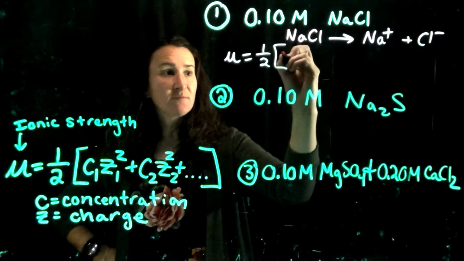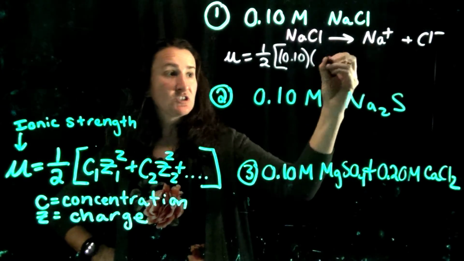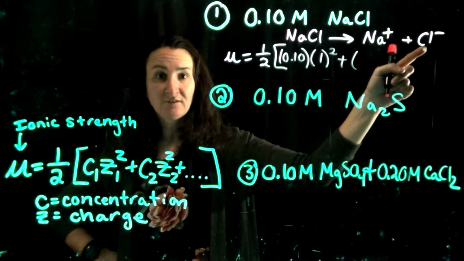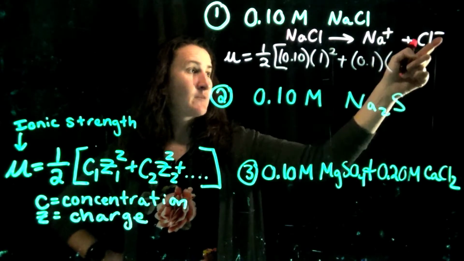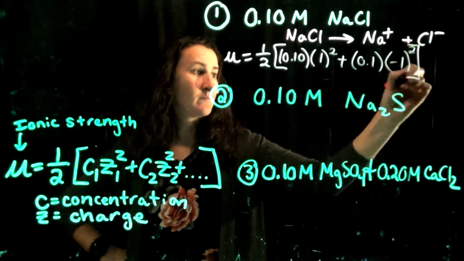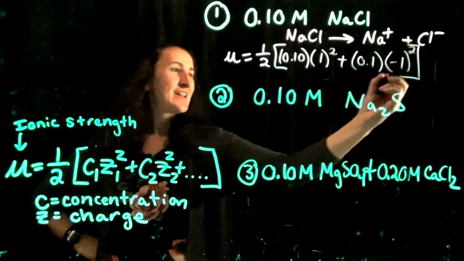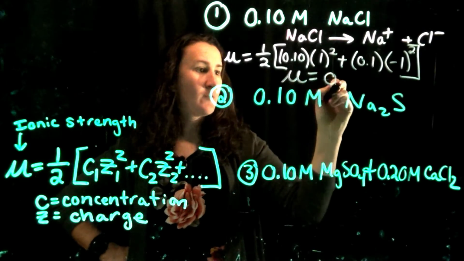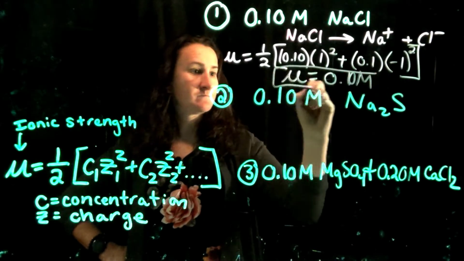So my concentration of sodium is 0.10 molar times its charge squared, plus my concentration of chloride, 0.1 molar, times my charge of chloride, -1 squared, brackets. If I had more ions, I would just keep going. So here, my final ionic strength equals 0.1 molar when you put that into your calculator.